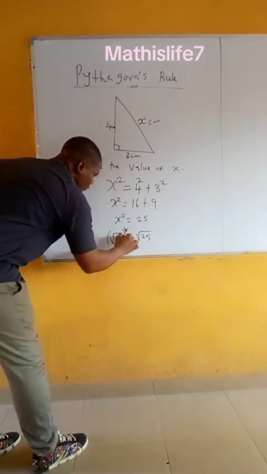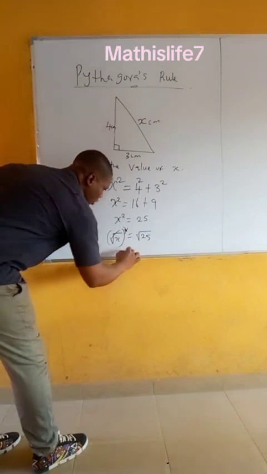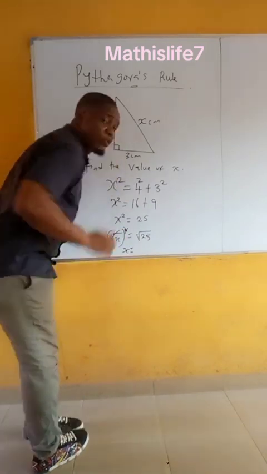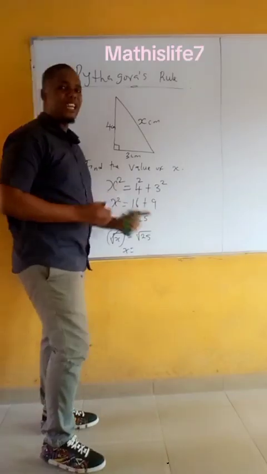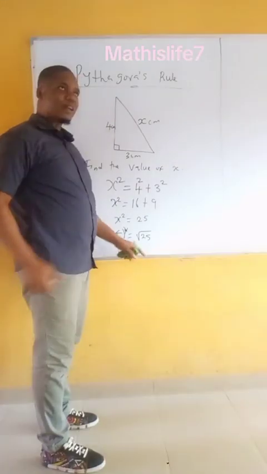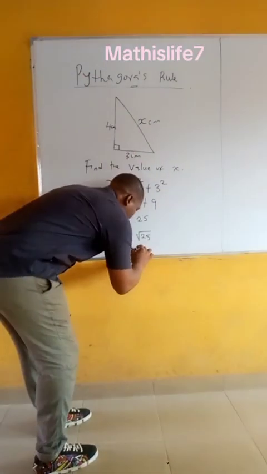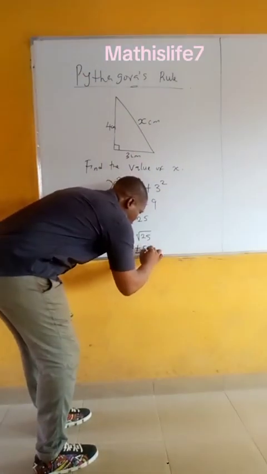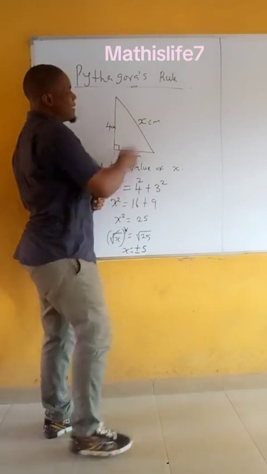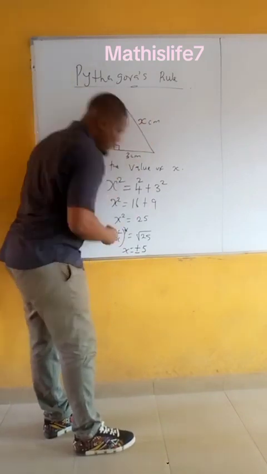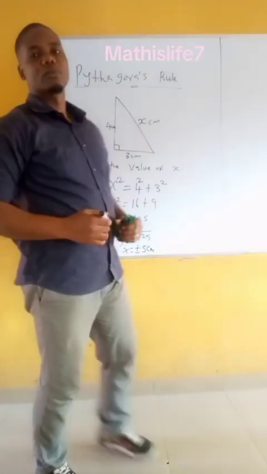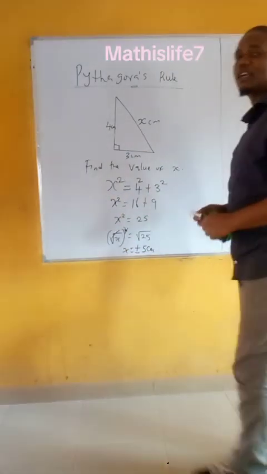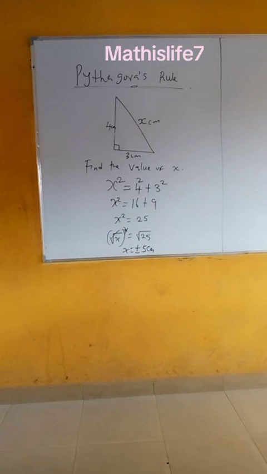So these two will cancel these roots. And x will be equals to, remember, each time you are taking the square root of any number, let's say this is 25 now, the answer will be plus or minus 5. So the length of the hypotenuse here now is 5 cm. This is the full application of Pythagoras rule.